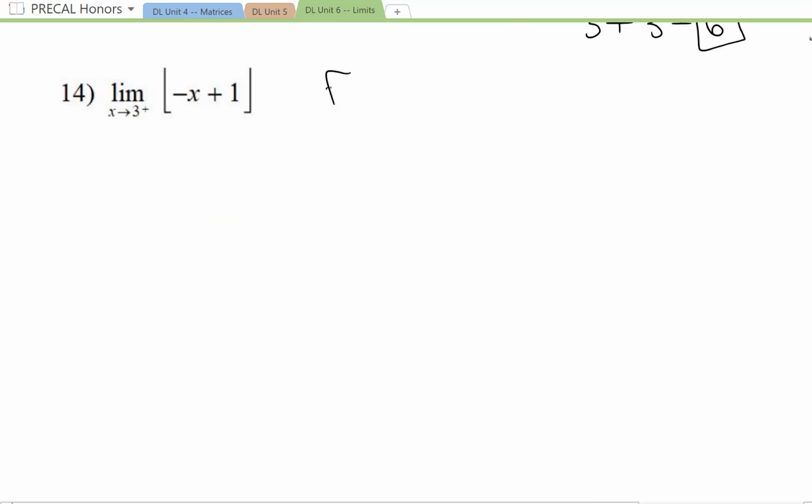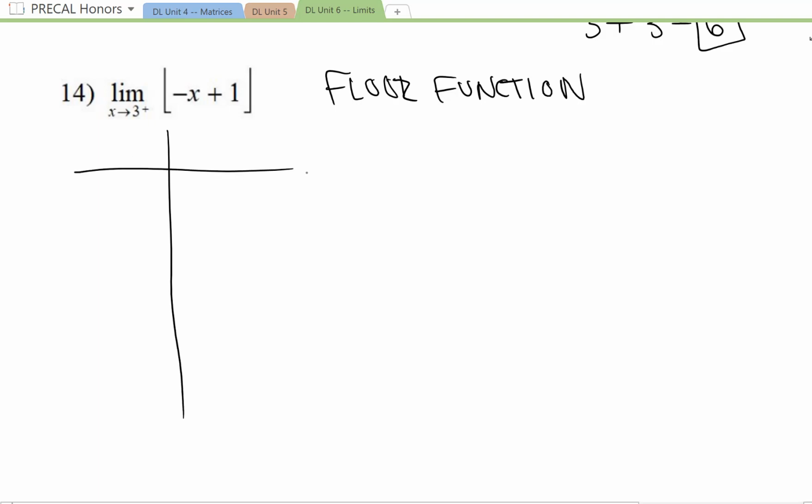Here we have the beautiful floor function. What a strange thing. Plug in some values around 3 to see how it looks.